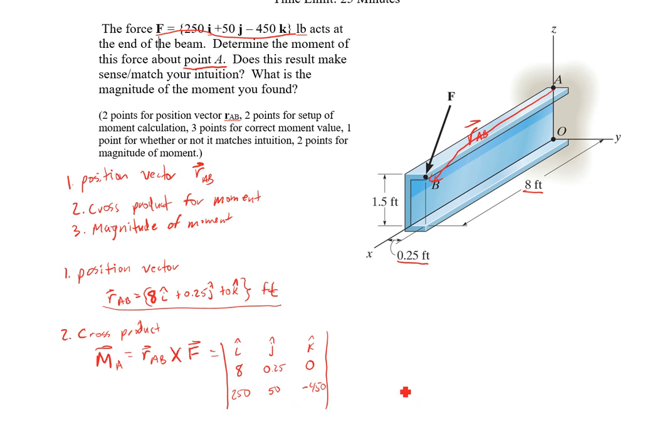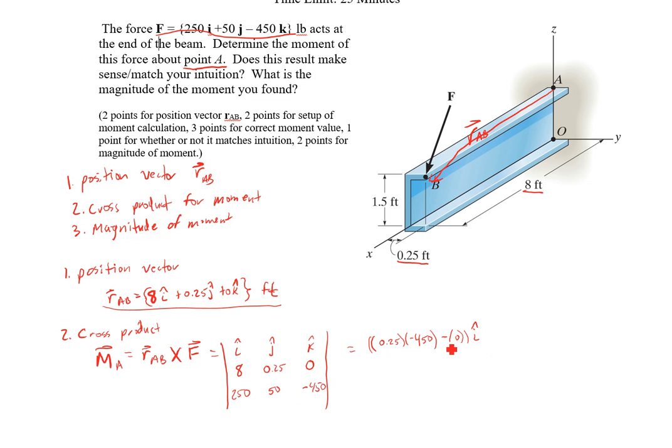Alright, so then we'll go through and do our cross product. We cover up the i column, and we do 0.25 times negative 450 minus 0 times 50, which is 0. That's all of our i's.